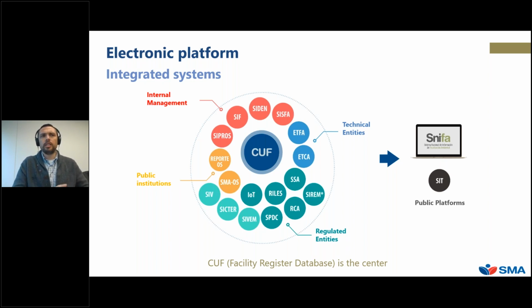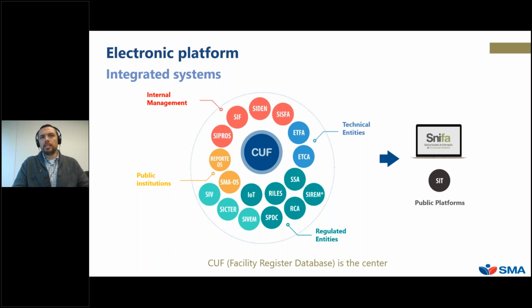And you can see all the green ones are for electronic reporting from regulated entities. Most of them are collecting raw data, but some of them are collecting digital documents. That is the case of the EIA requirement and commitments reporting.